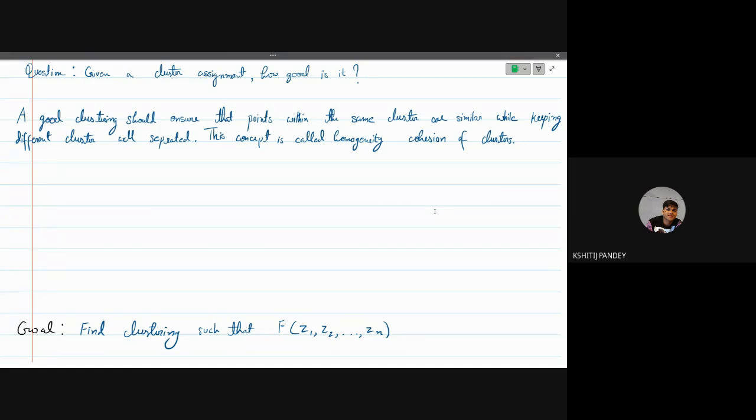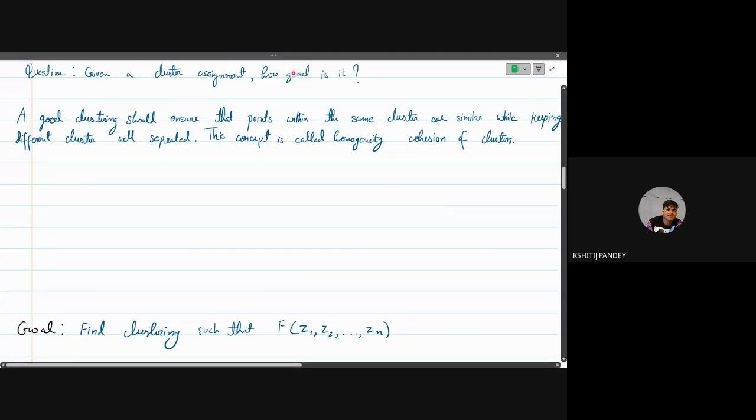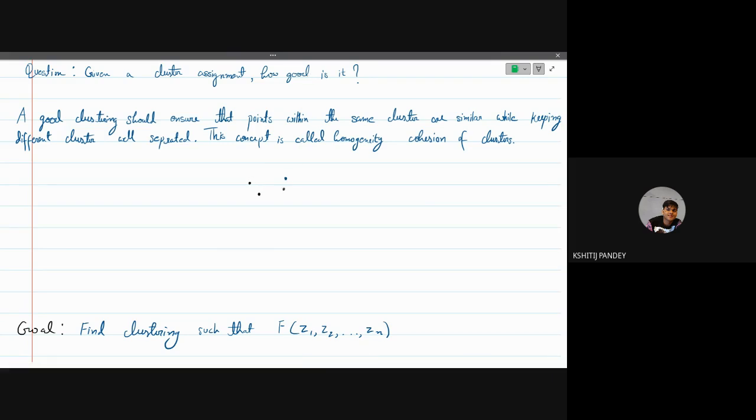When you are comparing, let's say, these are points of one cluster and these are points of the other cluster, these two points will be similar, but the points of different clusters will be different. So this means that the distance between points of the same cluster will be smaller compared to the distance between points of different clusters.